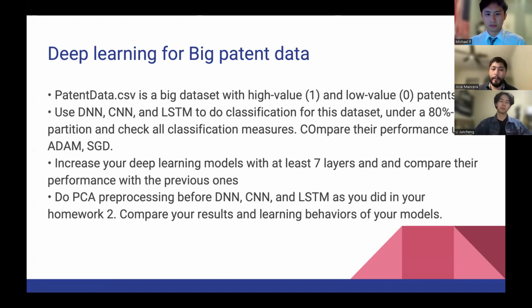Initially, I did my part, which was the 4-layer version, and then we redid it to compare results with 7 layers. We tested 3 different types of deep learning models: a deep neural network, a convolutional neural network, and LSTM. Within that, we used 2 optimization methods, ADAM and SGD.